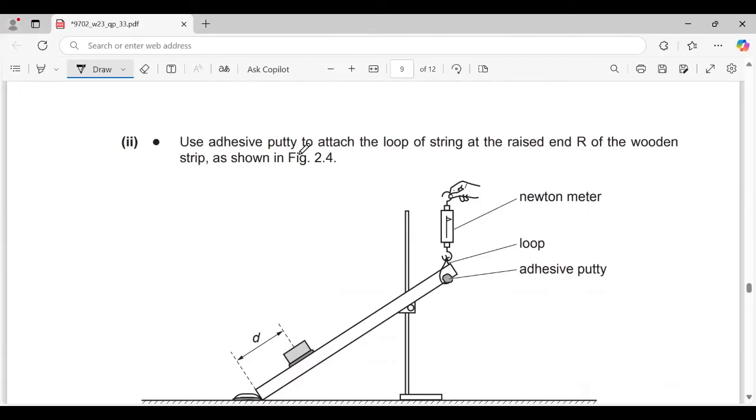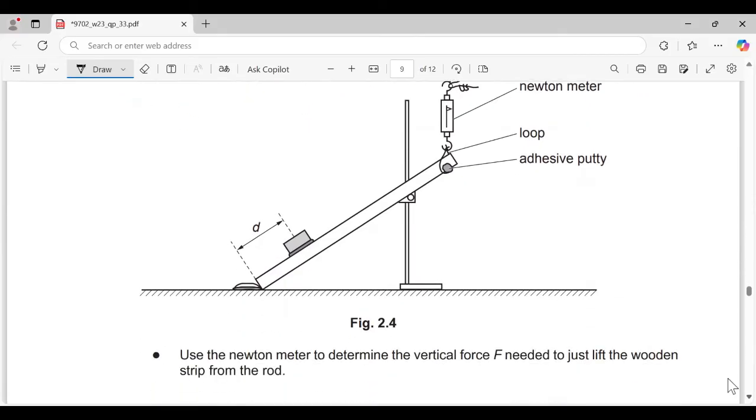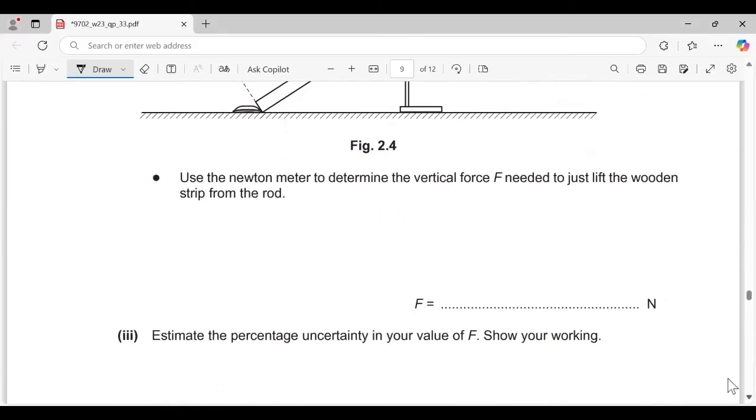Use adhesive putty to attach the loop of string at the end R of the wooden strip, as shown in figure 2.4. This figure, okay, I have set my experiment. Use the Newton meter to determine the vertical force needed to just lift the wooden strip from the rod. And according to my experiment, F equals 0.5 Newton.